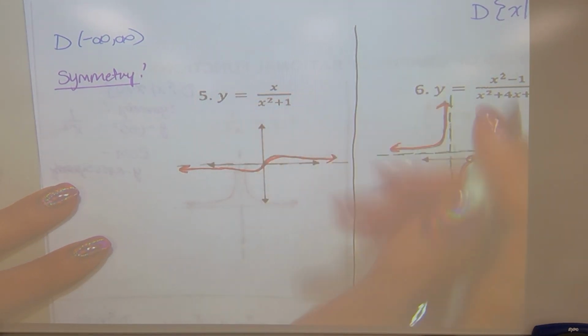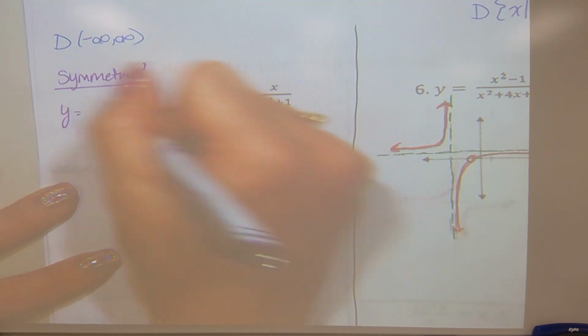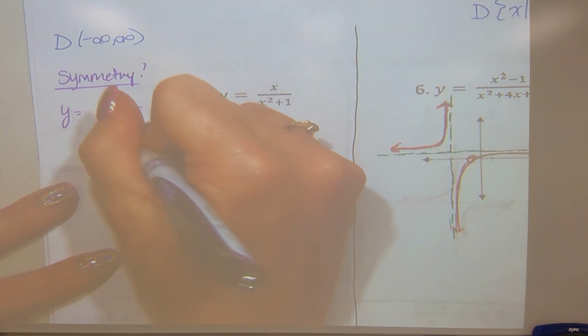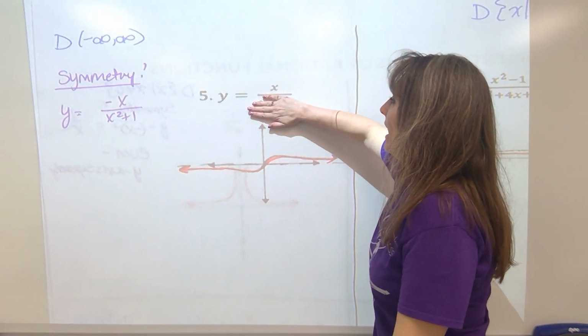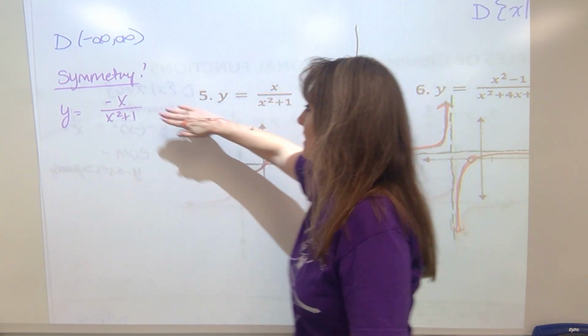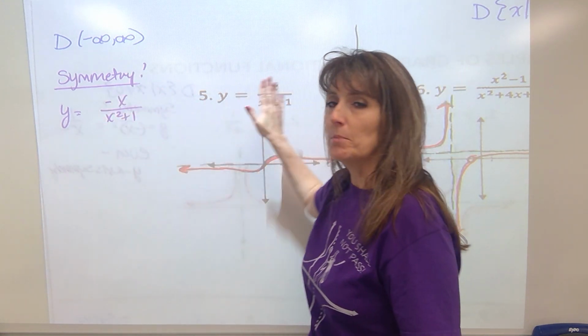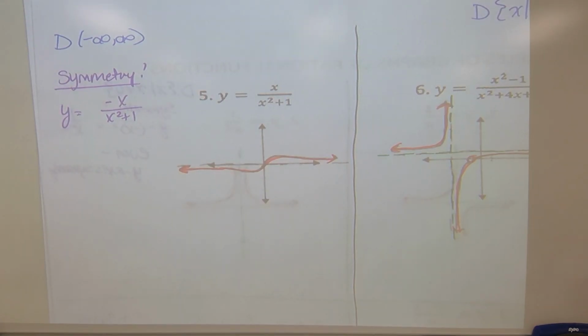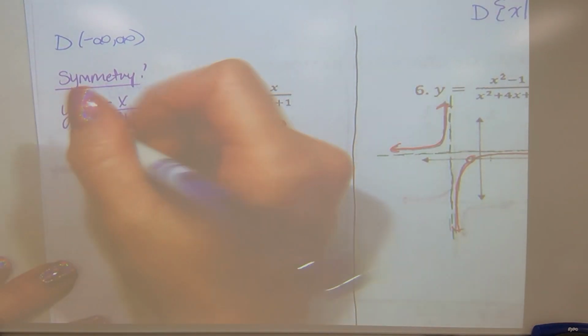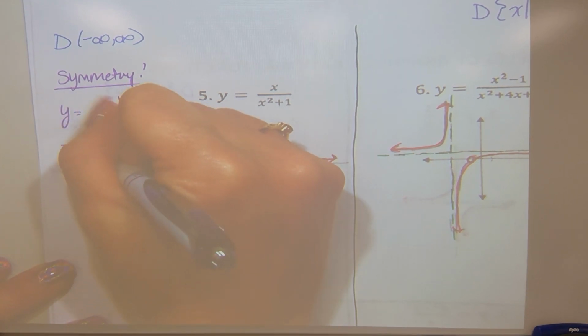Since the entire numerator changes sign, and I end up with negative x over x squared plus 1, that's like saying I have, say this was 3 over 5, positive 3 over 5. This would be negative 3 over 5. Well, a positive 3/5 and a negative 3/5 are opposite. So that is an odd function, and it has origin symmetry.